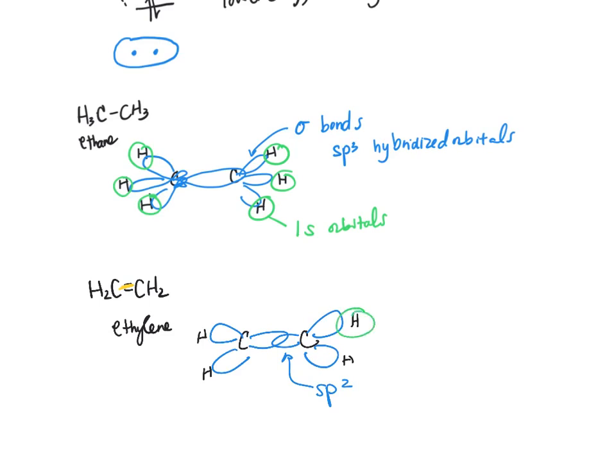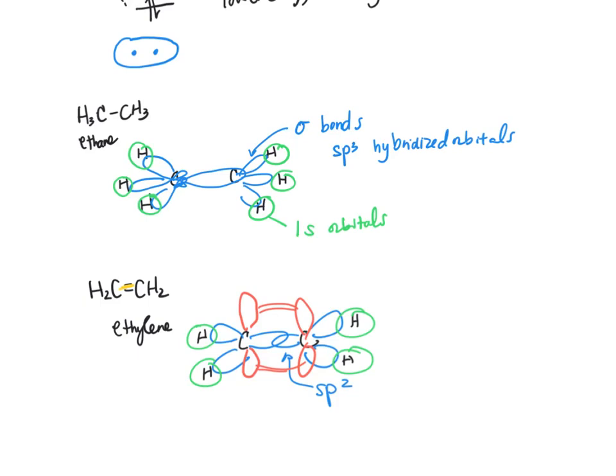We have 1s orbitals from the hydrogen, and now what we need to add to form that pi bond is 2 p orbitals. So these interact with constructive interference.